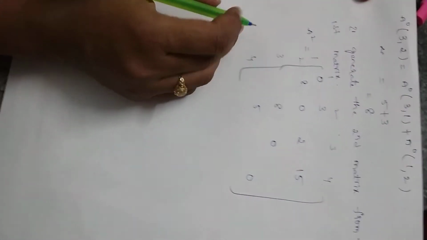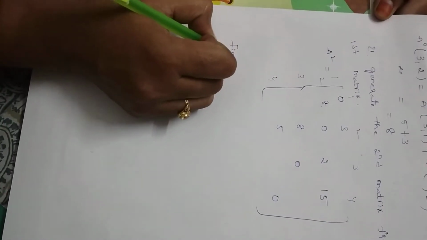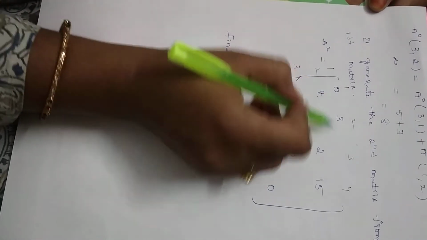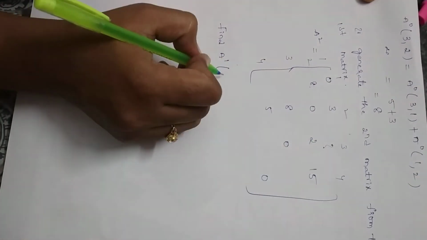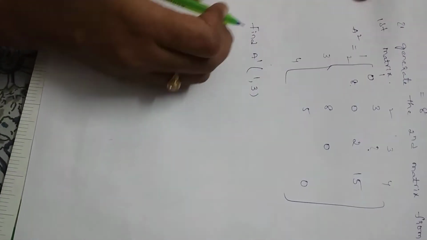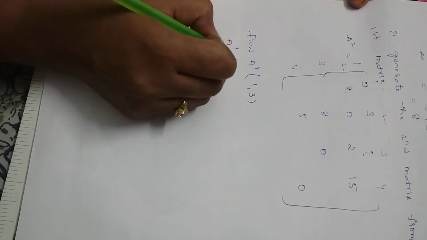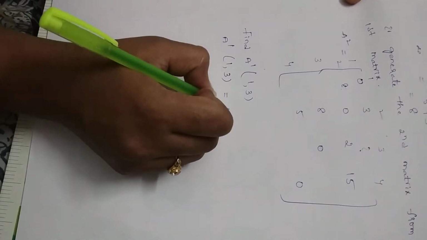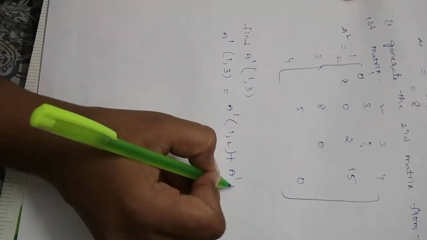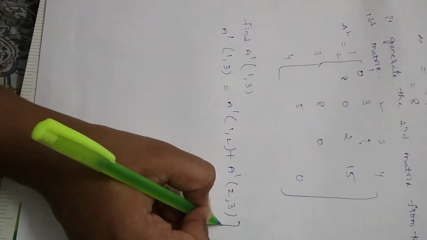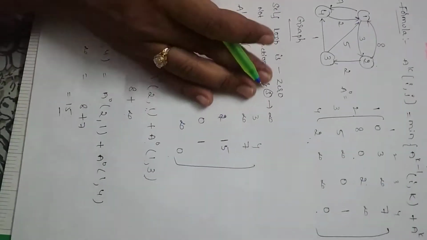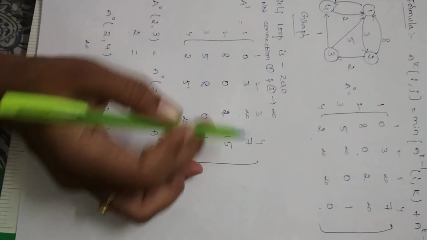So find the value of A^1(1,3). A^1(1,3) equals A^1(1,2) plus A^1(2,3). Here the 1 comma 3 value is infinity.